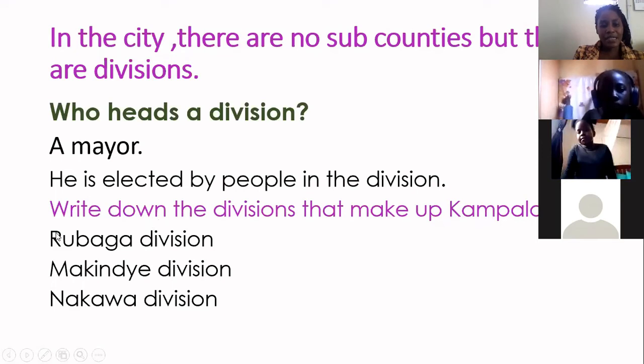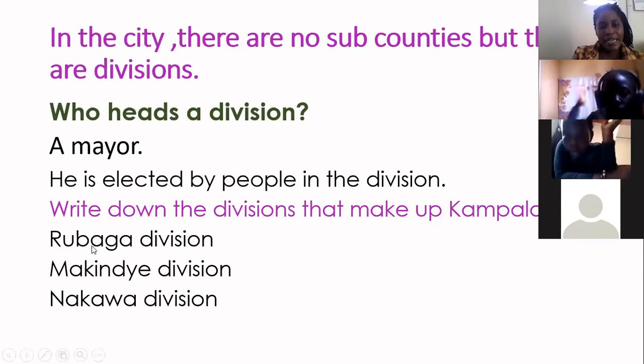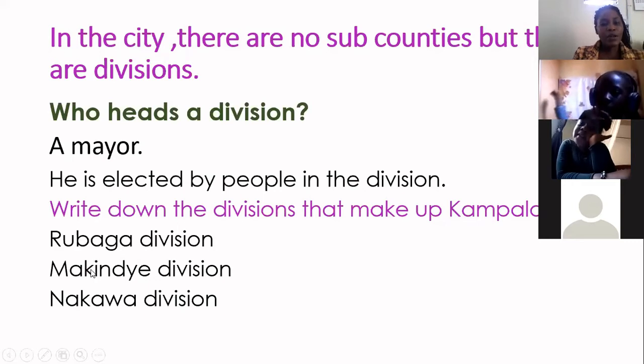Now, the first one we have is Luvaga Division. It is a division found in Kampala district. You have to learn the pronunciation of those places, my learners.